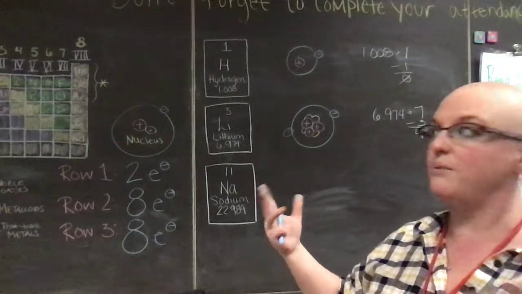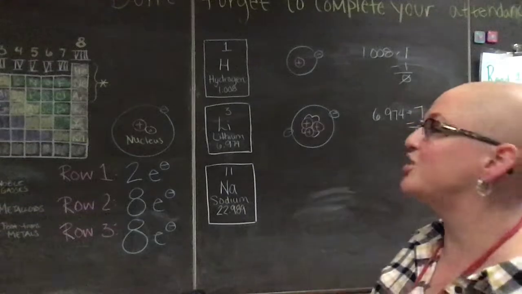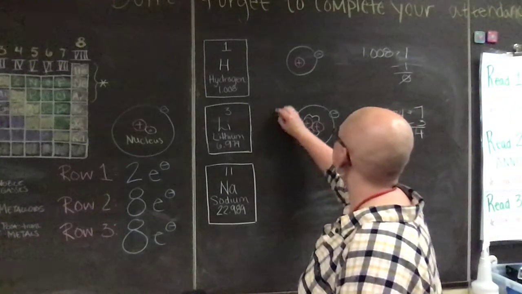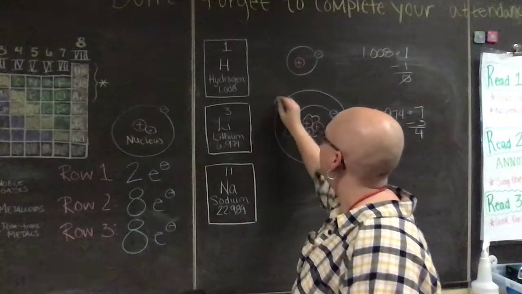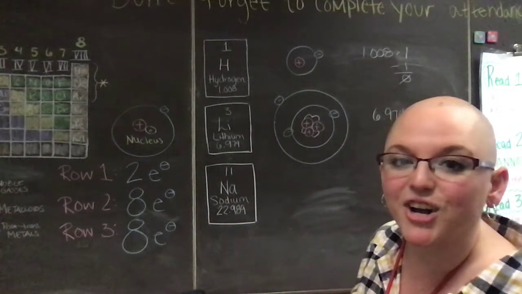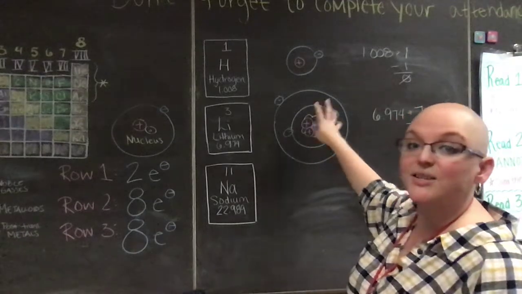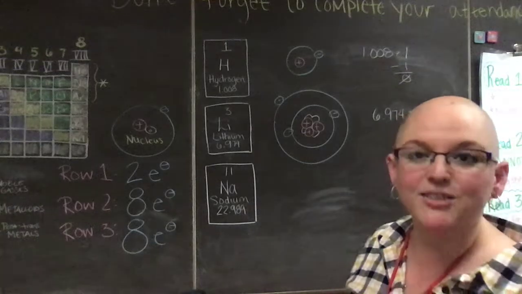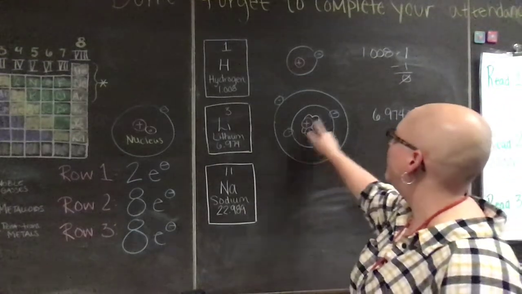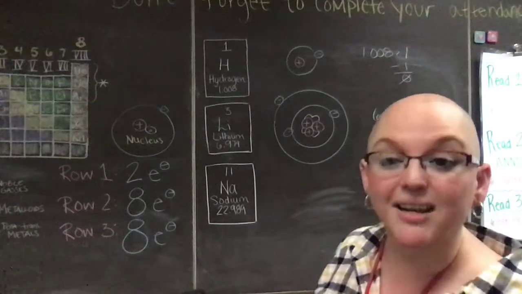Where am I going to put it? My first shell is full. That's why we need a second shell or a second ring. So I'm going to draw a second ring around the first one and put my third electron there. Now my atom is complete. I have my nucleus with the appropriate number of protons and neutrons, and my electrons are organized beautifully, 1, 2 on the first shell, and then the third one lives on the second shell by itself.